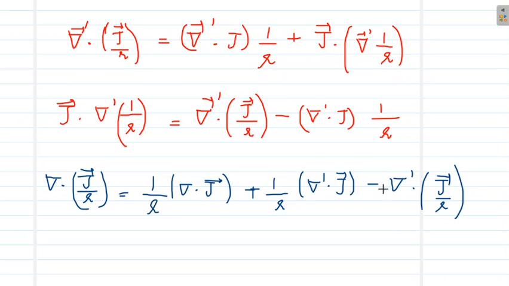So here we have three terms. If you look closer, in the first term, we have 1 by r into del dot of j, and in the second term, we have 1 by r into del dash dot of j. These two terms are a little different. So let us calculate what is del dot j and what is del dash dot j.